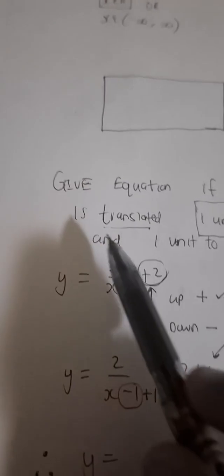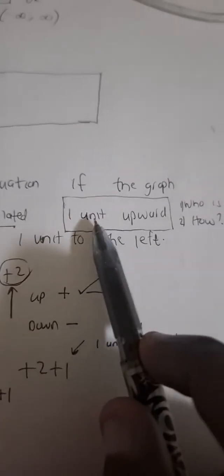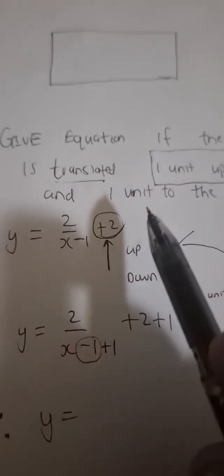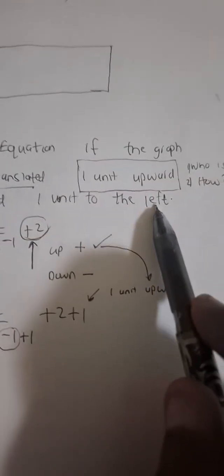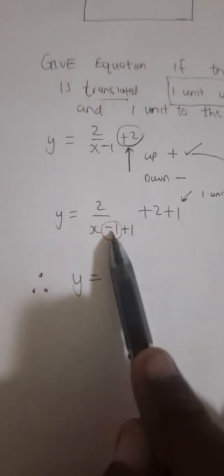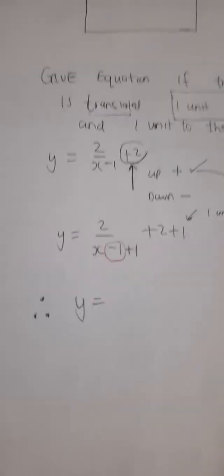If the graph is translated 1 unit upward, who is affected? The q value, we add 1. And 1 unit to the left. Who is affected? p is affected. How is it affected?